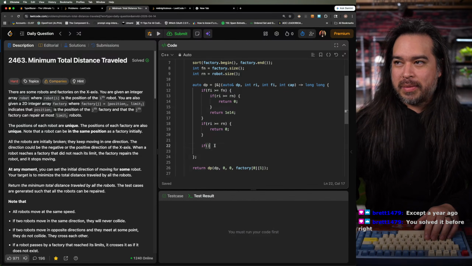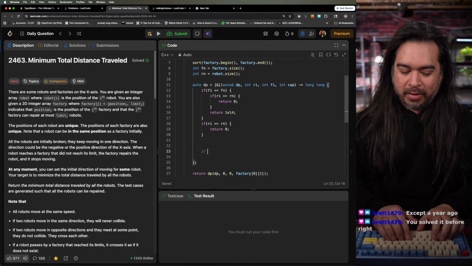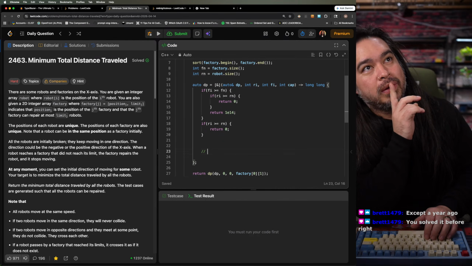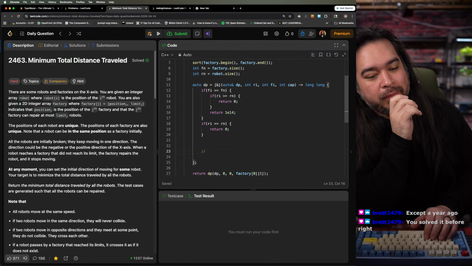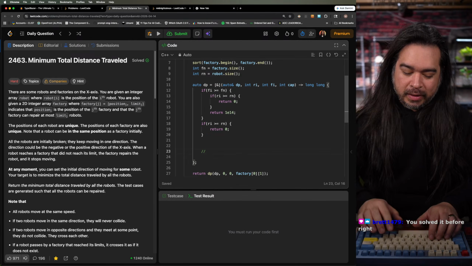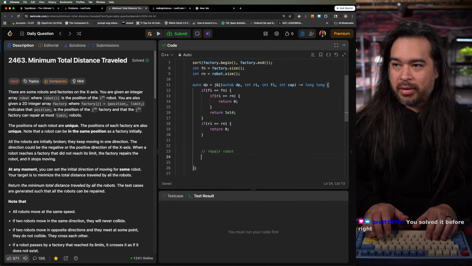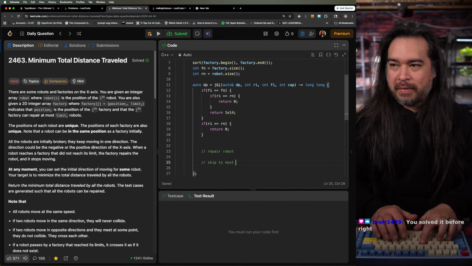Okay, so what am I trying to say? I'm trying to say at every index, we have a choice to either... wait, now I'm confused. So, are you saying repair robot or skip to next factory?